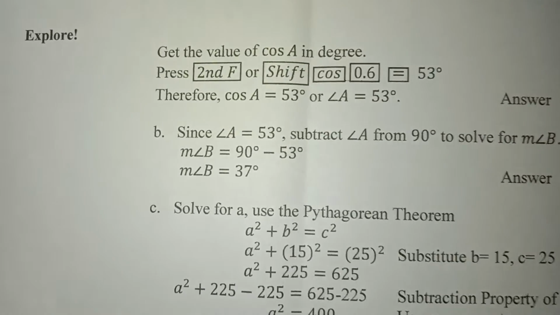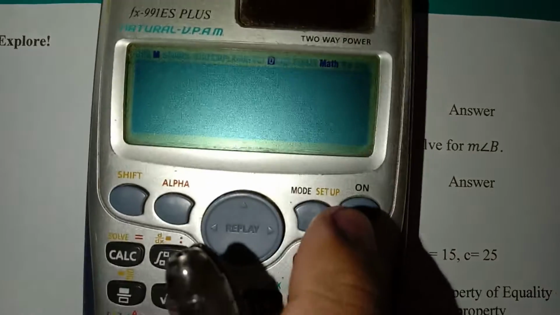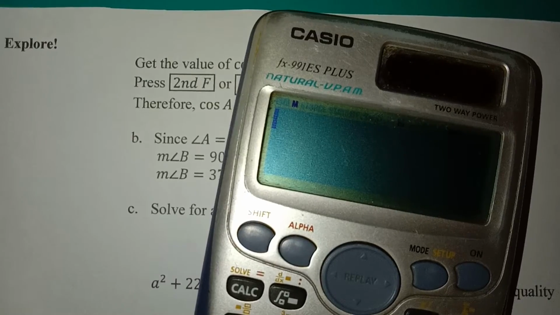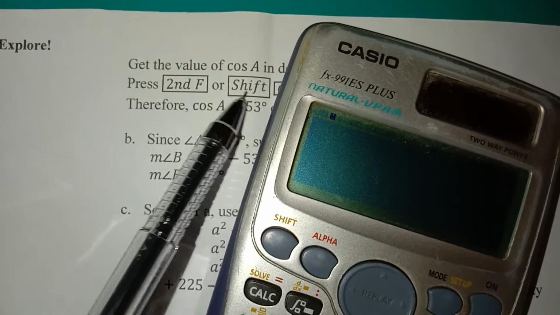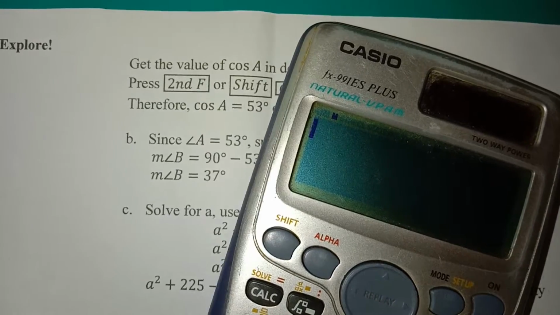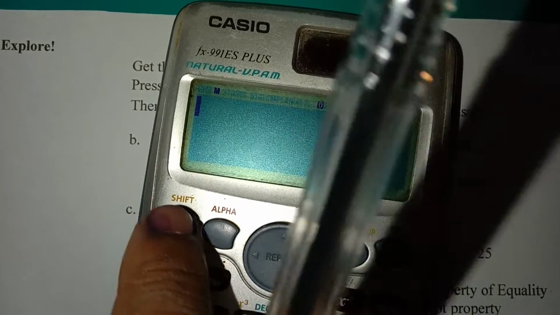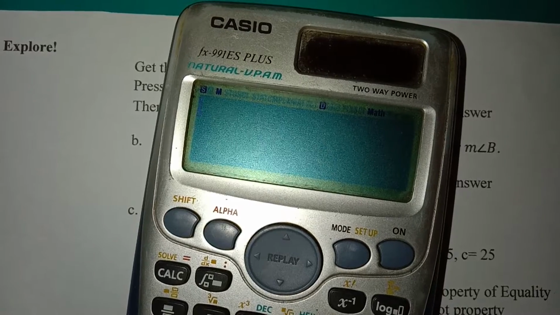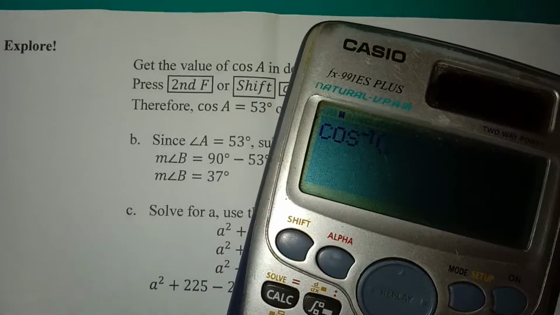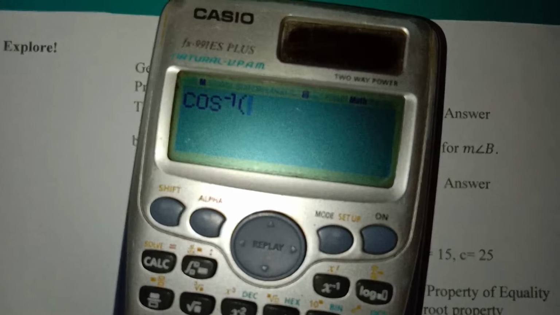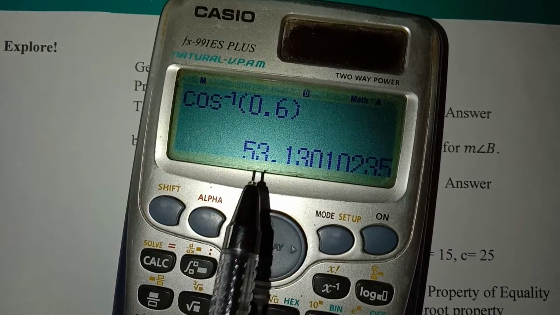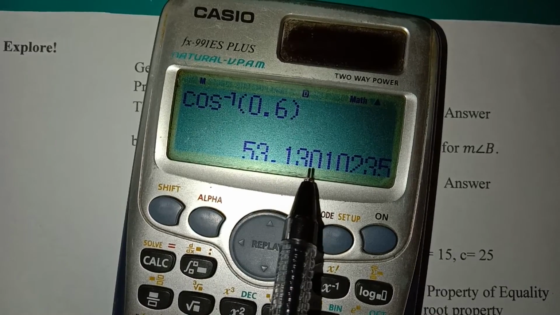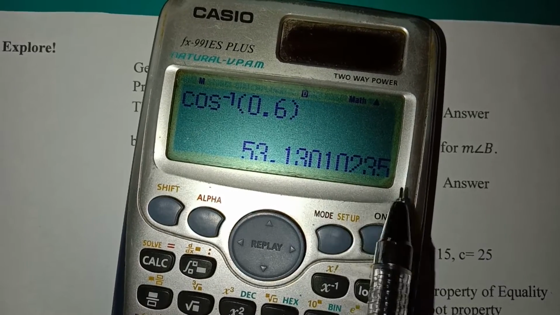So let us use the calculator. Since this calculator doesn't have the second F, we have the shift instead. So we press shift, then press cos, then type 0.6, then close parenthesis, and press equals. It gives 53.130101235.